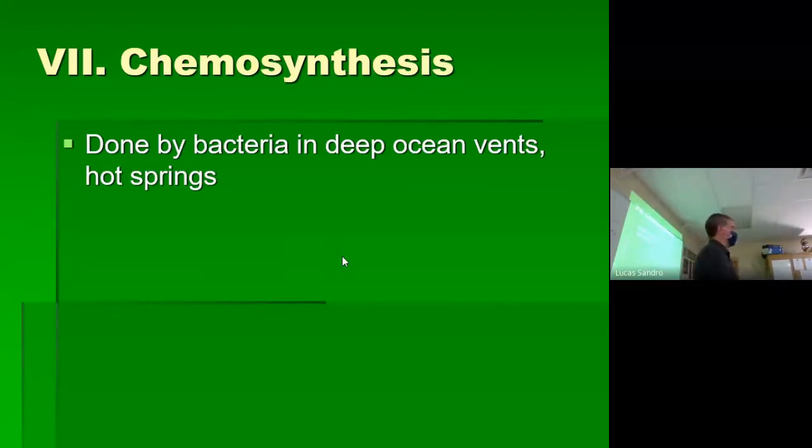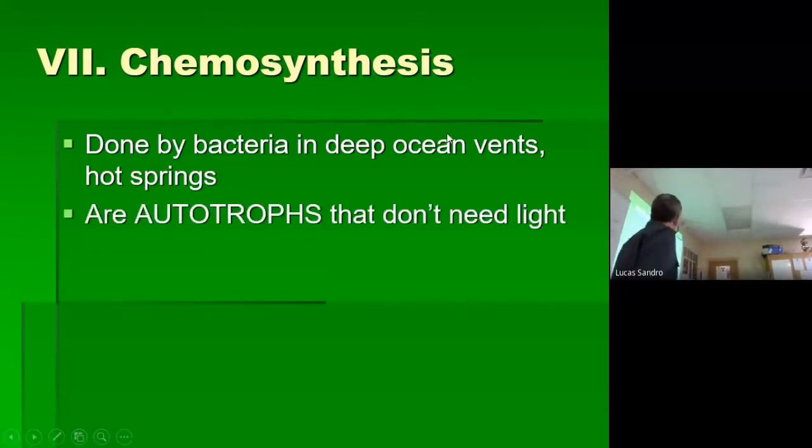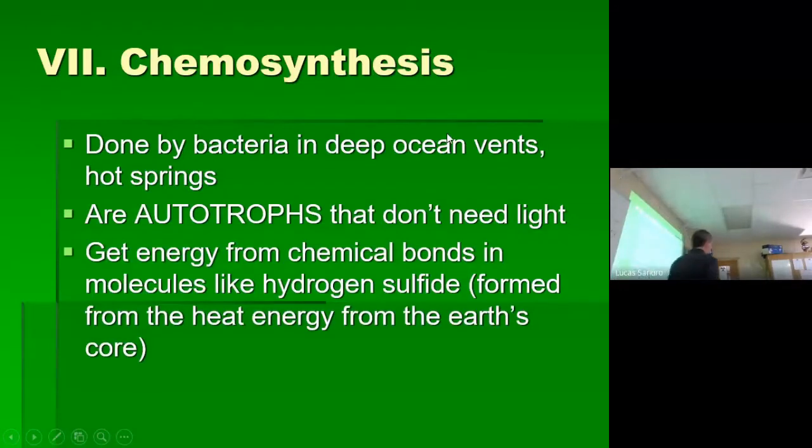You know, bacteria you can't see, but the things that eat them, you get these food chains where there's like these weird blind tube worms and crabs that look like nothing you've ever seen before, because none of it requires sunlight. And so they don't have to wait for anything to trickle down from above. They're building on that hot sulfur basis. Anyway, these are basically autotrophs that don't need light, and they're getting energy from molecules like hydrogen sulfide.